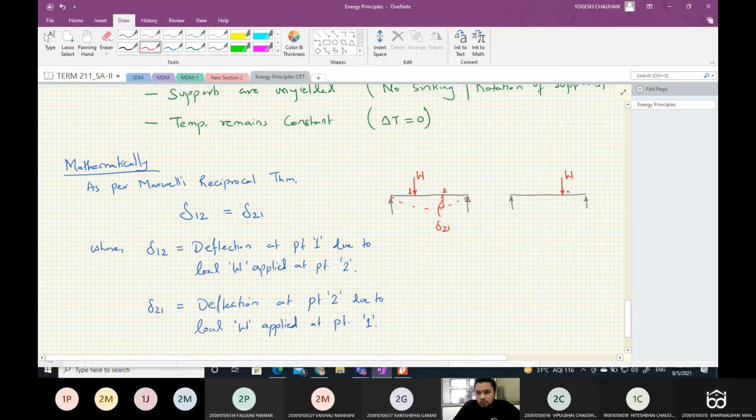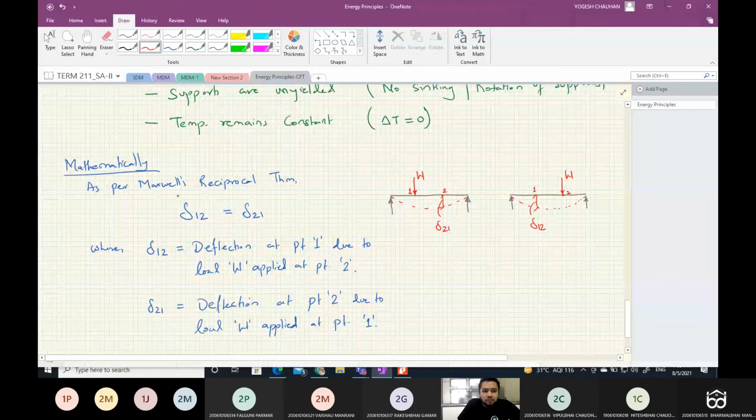Let us say this is point 2 and this is point 1, and let this be the deflected shape. So the deflection here, let it be delta 12, that is the deflection at point 1 when the load is applied at 2.